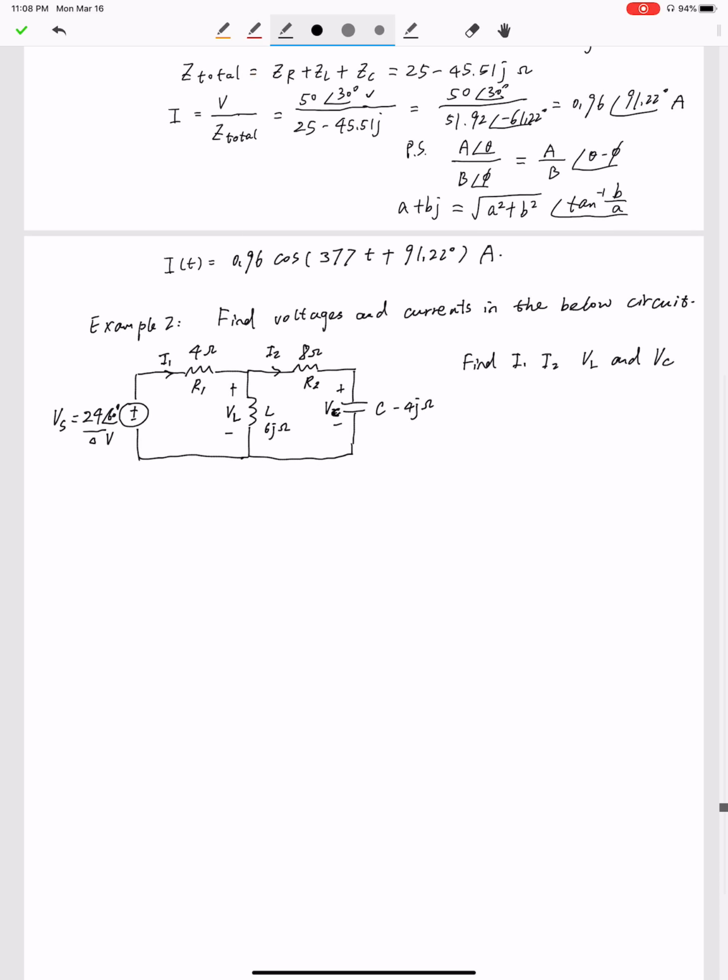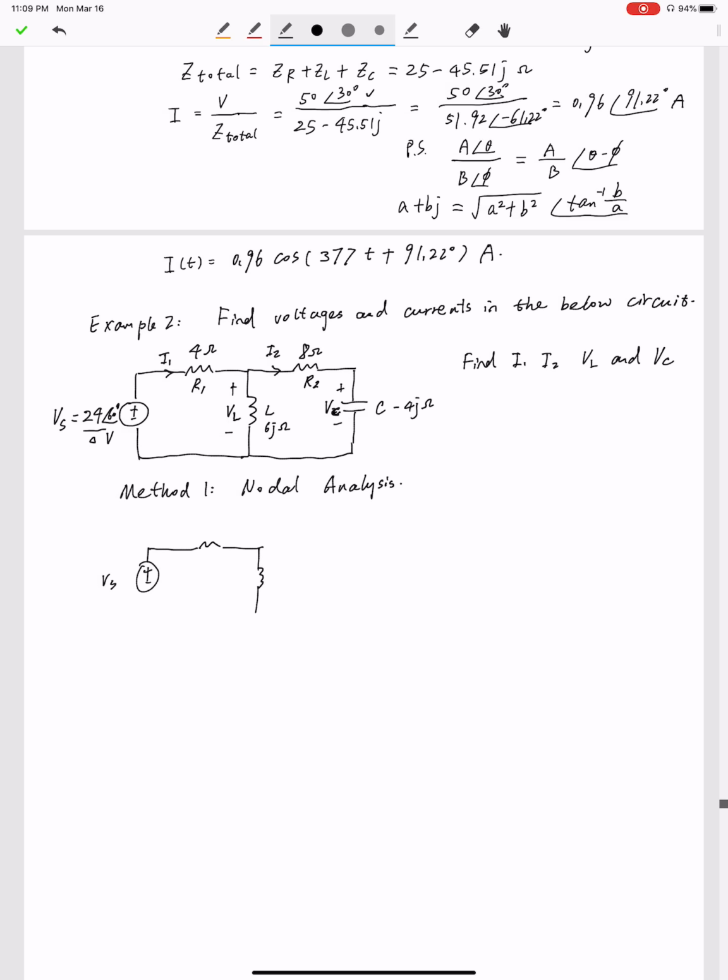Method 1, nodal analysis. As we mentioned in chapter 2, in nodal analysis, the first thing you need to do is to identify nodes in the circuit. In this circuit, we have a power supply Vs, a resistor, an inductor, another resistor, and a capacitor.